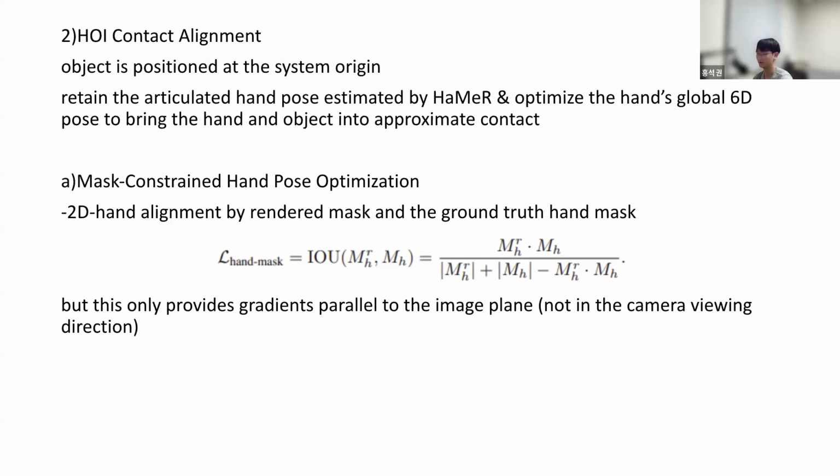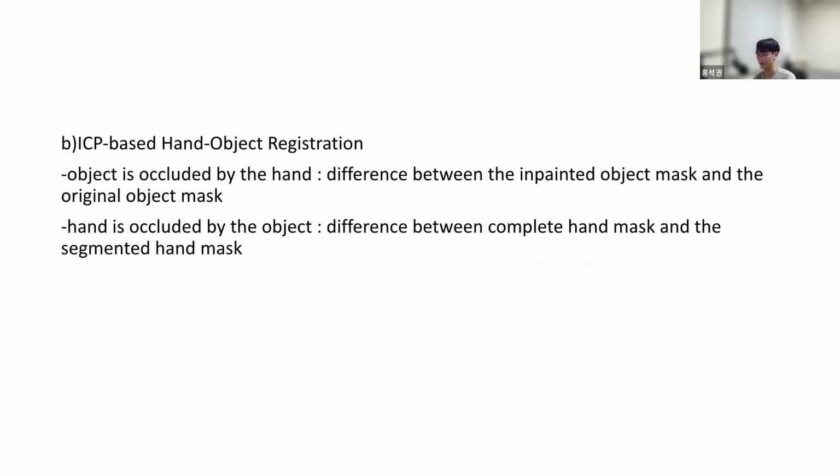First, they compute soft IOU loss between the rendered mask and the ground truth hand mask from the input image segmentation. But this step only provides gradients parallel to the image plane, not in the camera viewing direction, so we need another step called ICP-based hand object registration. And there are two cases.